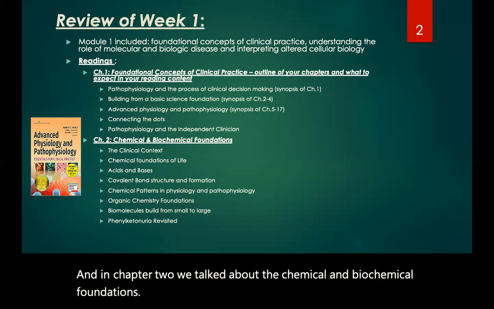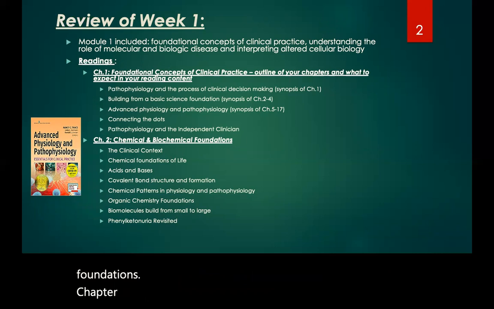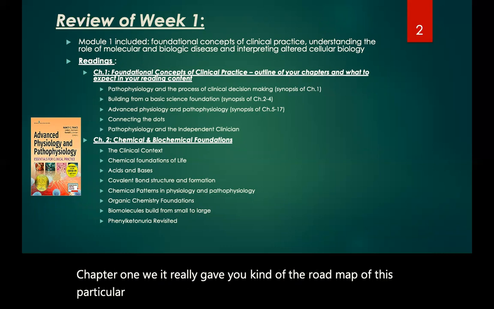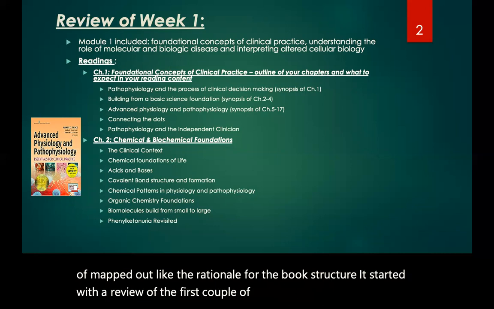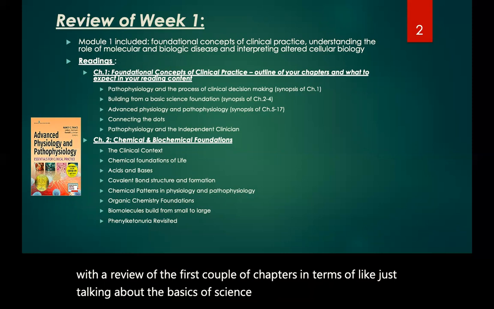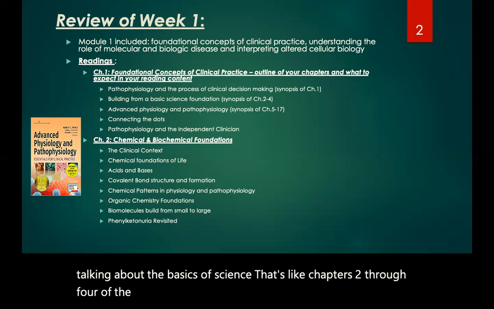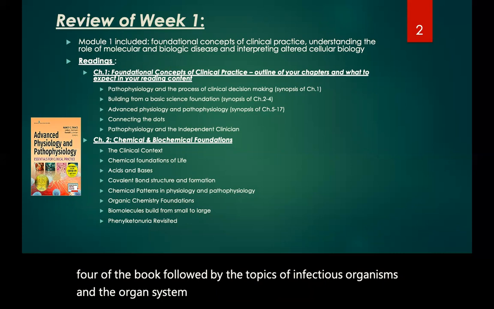In Chapter 1, it really gave you the roadmap of this textbook, Anatomy, Physiology, and Patho. It mapped out the rationale for the book structure. It started with a review of the basics of science, which is chapters 2 through 4 of the book, followed by the topics of infectious organisms and the organ system chapters, which is basically chapters 5 through 17.